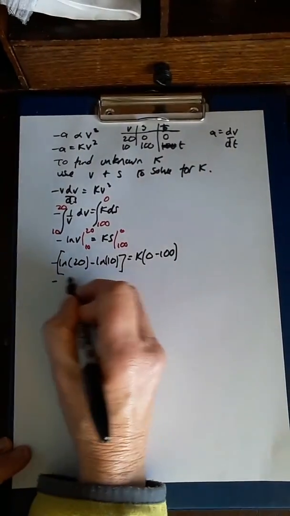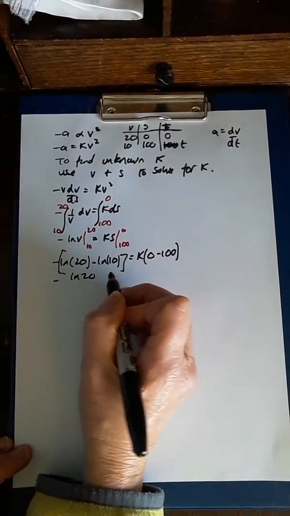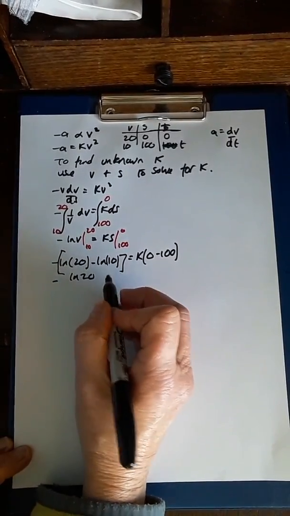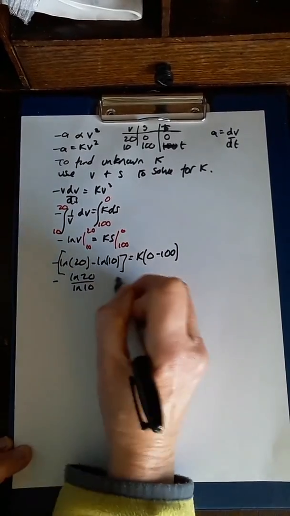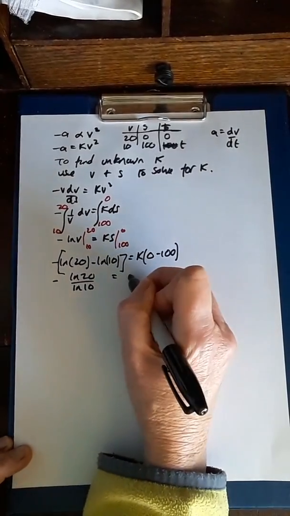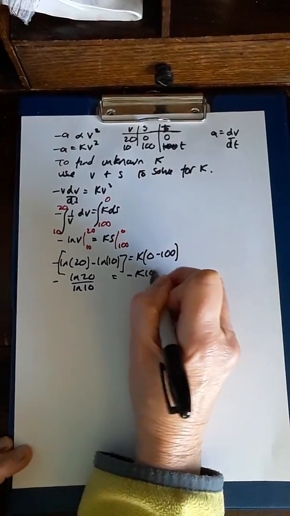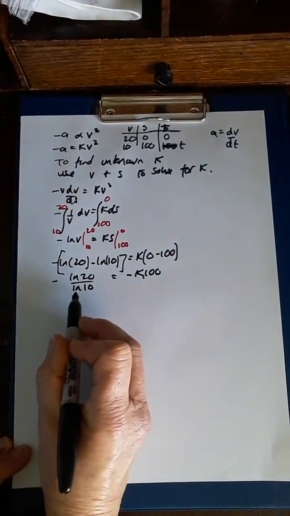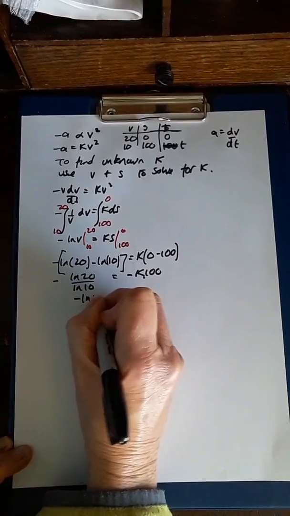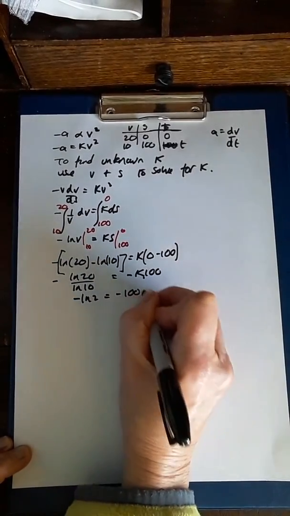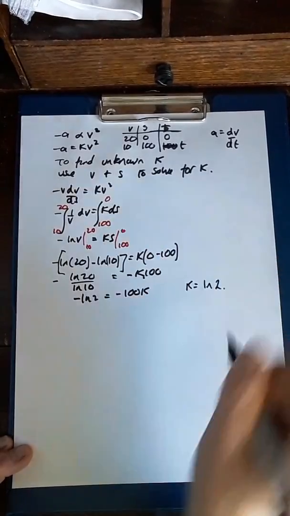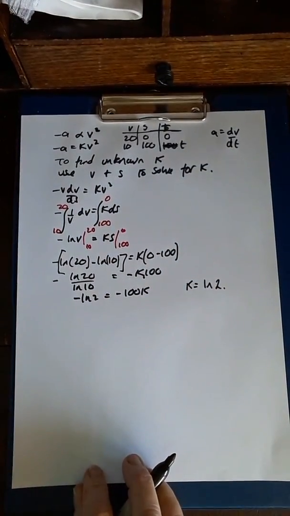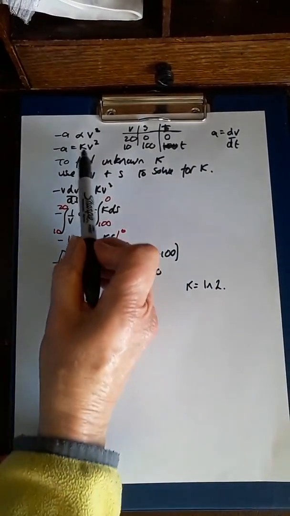Now remember, because there's two logs subtracted from each other, this becomes ln of 20 over 10, and this, when I sort it out, becomes k times 100. So this therefore would be minus the ln of 2 equals minus 100 times k. So that tells me that k is equal to the ln of 2. Right, so now I have a solution for k.